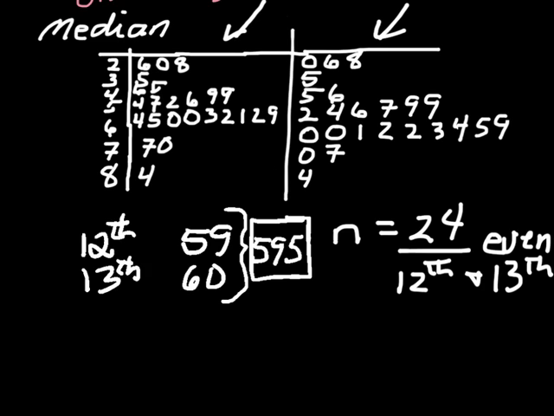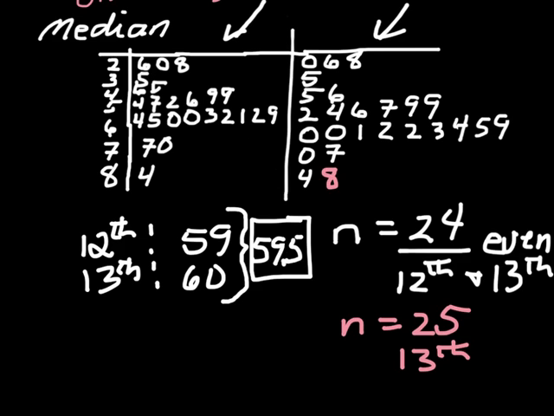All right? Now, suppose I add one more data value. Suppose somebody in class had an 88. Well, in that case, n would equal 25, and I could just pick the 13th value because that's the exact middle. So I would count to 13: 1, 2, 3, 4, 5, 6, 7, 8, 9, 10, 11, 12, 13.